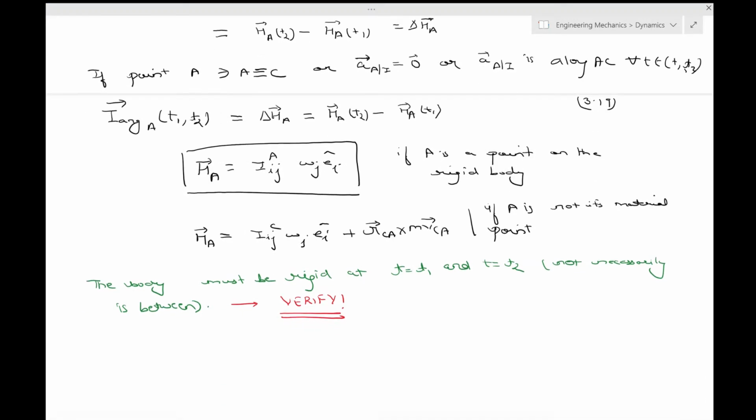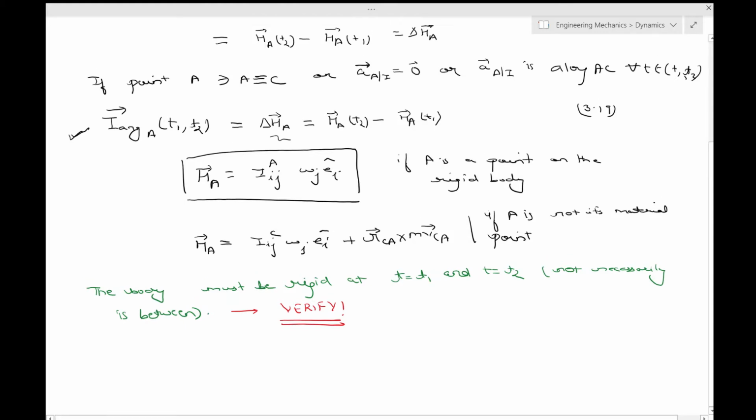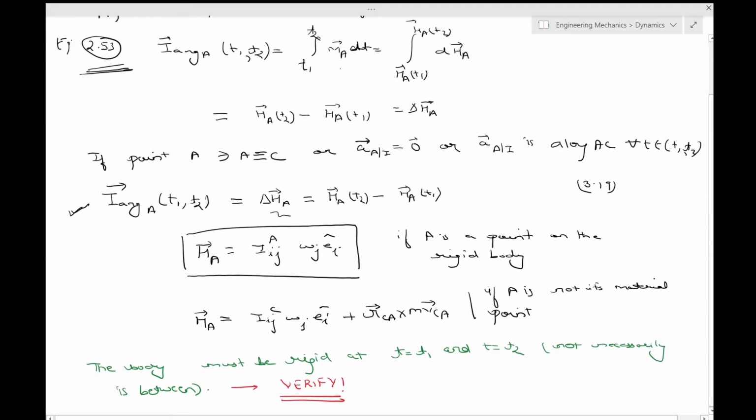So let's just write: if you have, say, the component of MA along an axis as 0, then this equation is only valid along that particular component. For example, HA is a vector, it can have any direction.